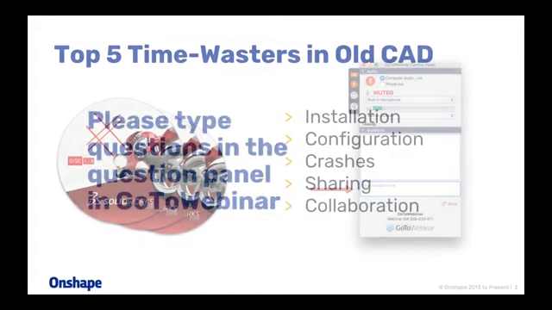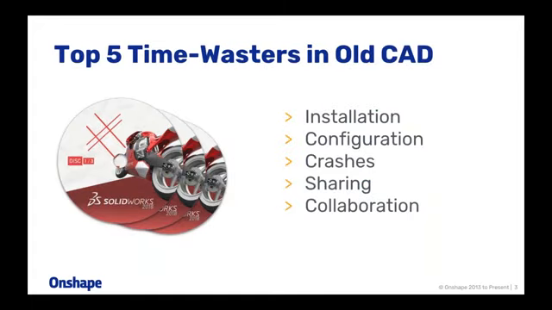Okay, let's get started. So, top 5 time wasters in old CAD. I've picked 5 here. There are more. I try to pick ones which perhaps resonate with everybody. I'm going to use SolidWorks for many of the examples because that's the one I'm most familiar with. But I have worked with every single one of those CAD systems that I mentioned earlier, so I do know that there are a lot of similarities.